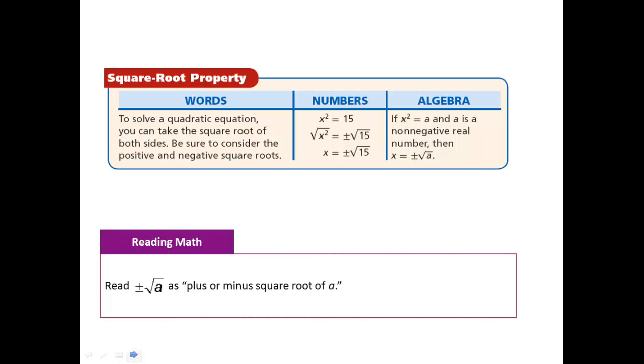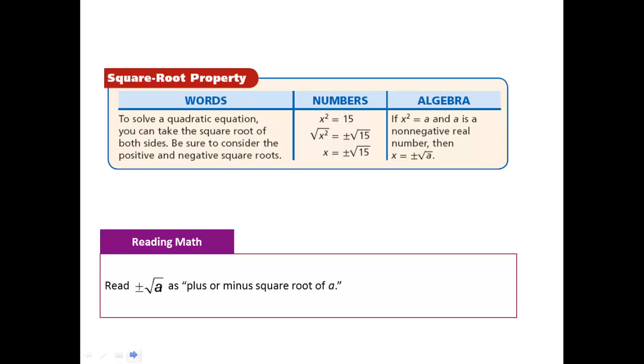Okay, so when we're solving square roots, here are some properties. We have the explanation written out in words, numbers, and algebra. Basically, if you're solving x squared equals a number, we take the square root of both sides. Be sure to consider both the positive and negative square roots, because remember, when you square a positive number, you get a positive number.